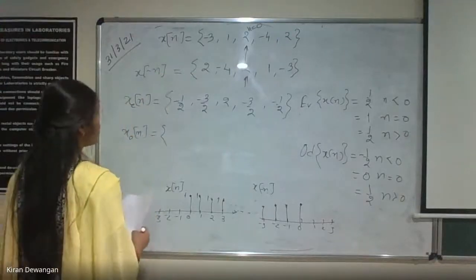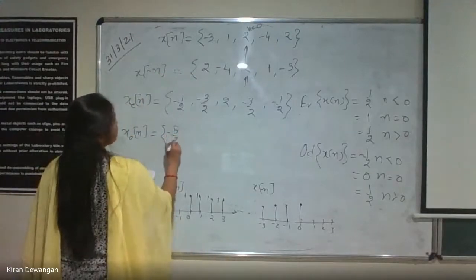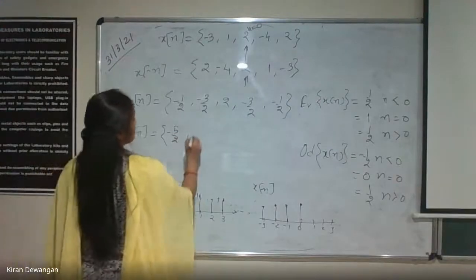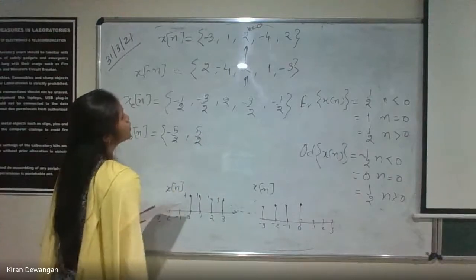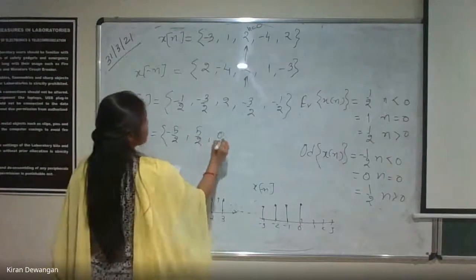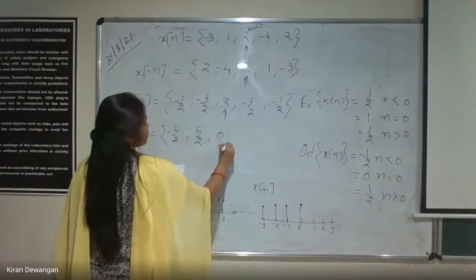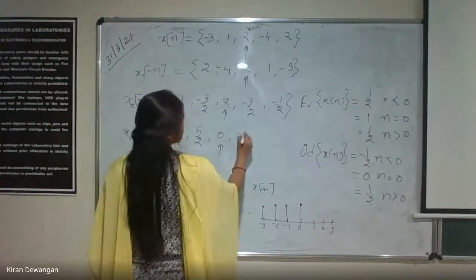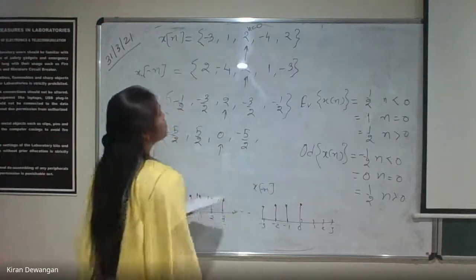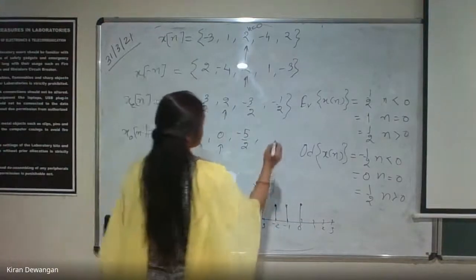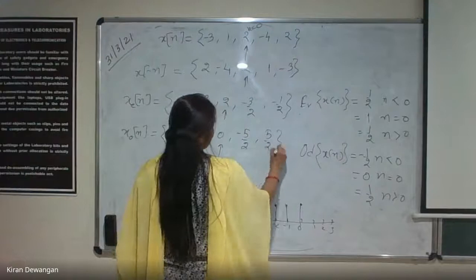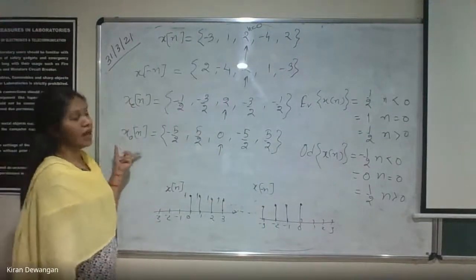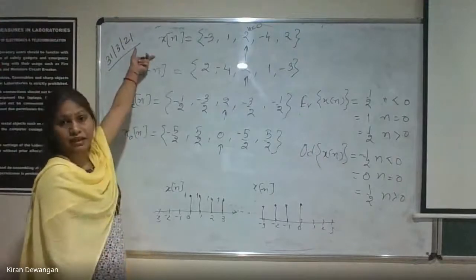So -3 -2 is -5/2. 1 minus -4 will be 5/2. 2 minus 2, this value is 0. ठीक है? -4 -1 is -5/2. 2 plus 3 is 5/2. So these are the values. These are the even and odd component of the given x of n.